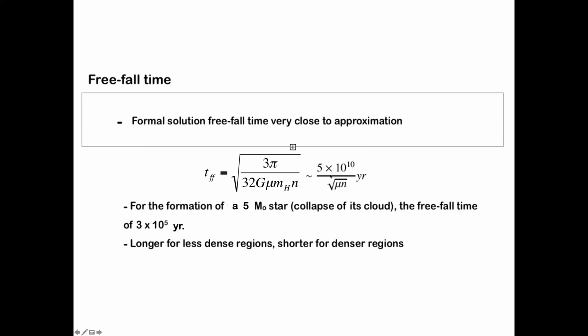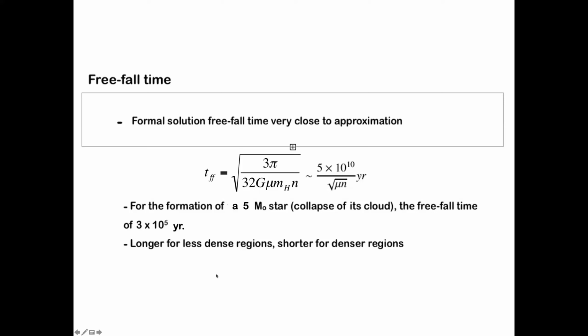You can also put the mu in the number. But in any case, to form, for example, a 5 solar mass star, from a 5 solar mass cloud, assuming that all the mass goes into the star, the free fall time becomes about 3 times 10 to the 5 years. Quite short. So it's just a few times, say 300,000 years, and you form a star.